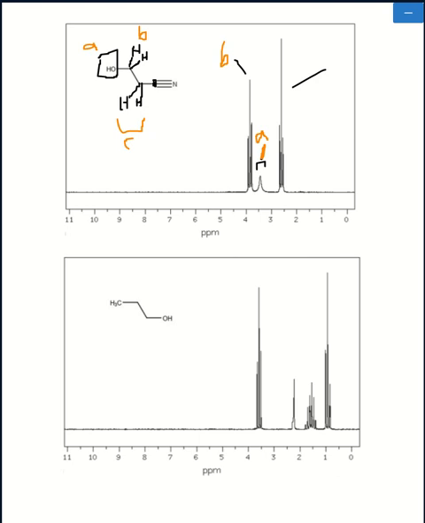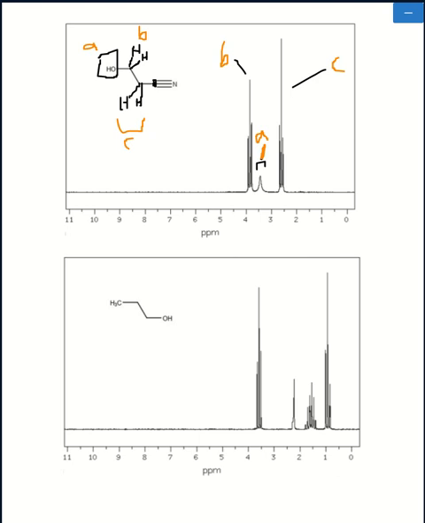Whereas the hydrogen connected to environment C are further away from the alcohol group. Therefore, they're not going to be as de-shielded. They're going to remain more upfield, more to the right end of the NMR. Now, as far as de-shielding and shielding go, I truly believe that is probably a concept that's more advanced than what Organic Chemistry 1 needs.